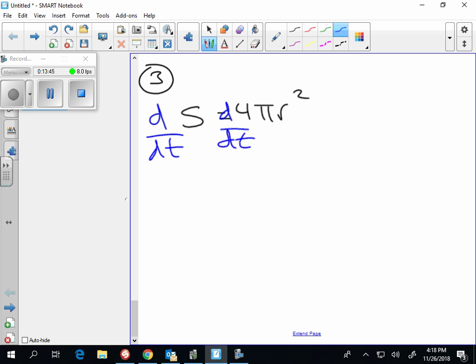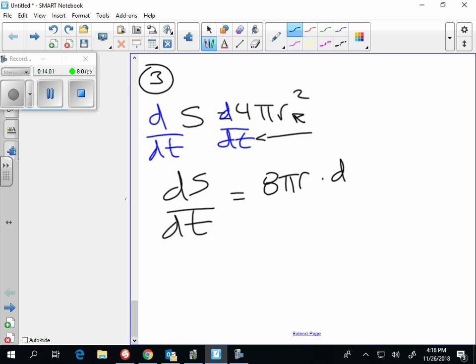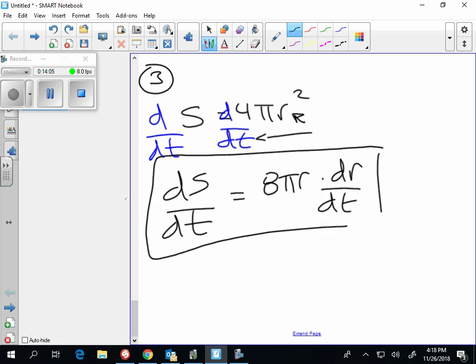On the left-hand side, I've got dS/dt. On the right-hand side, I take the derivative of 4πr² and get 8πr times the derivative of the inside r function with respect to time, dr/dt. That's it. I don't have to do anything more for question 3.